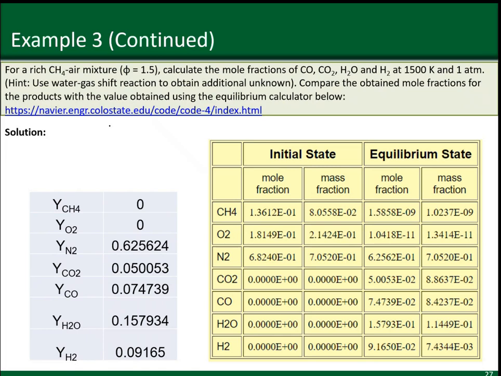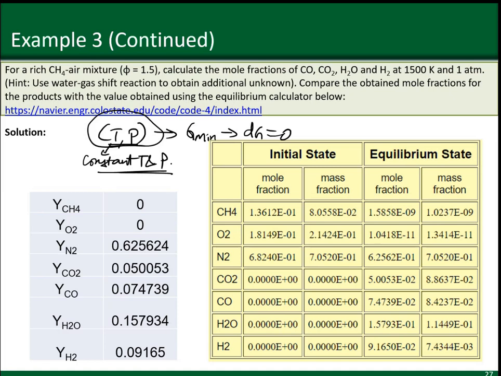The assumption was that temperature and pressure were remaining constant. And for constant temperature and pressure, the equilibrium composition is achieved at the minimum value of the Gibbs function. Basically, we set dG to be 0, right? So it's important that when you are looking at the equilibrium calculator, you take the constant temperature and pressure condition. Otherwise, you're going to get a crazy answer, and it makes no sense, right?